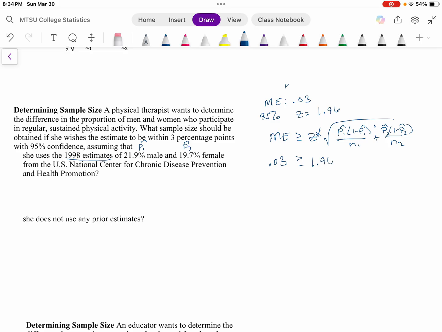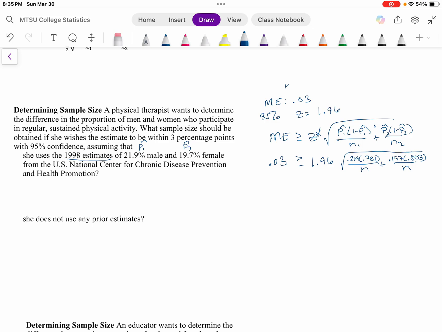Z-star 1.96 square root, and this one's going to be 0.219 times 0.781 over n plus 0.197 times 0.803 over n.